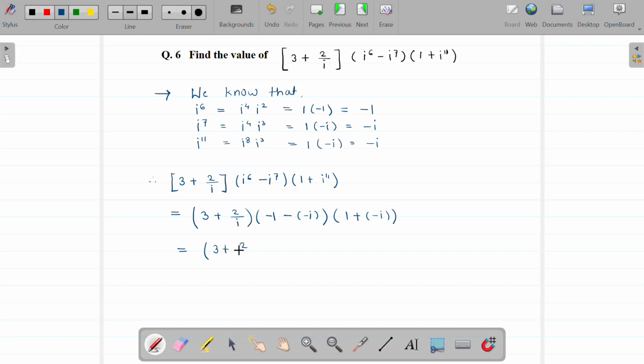So (3 + 2/i), here -1 as it is, minus minus plus i, into (1 - i).